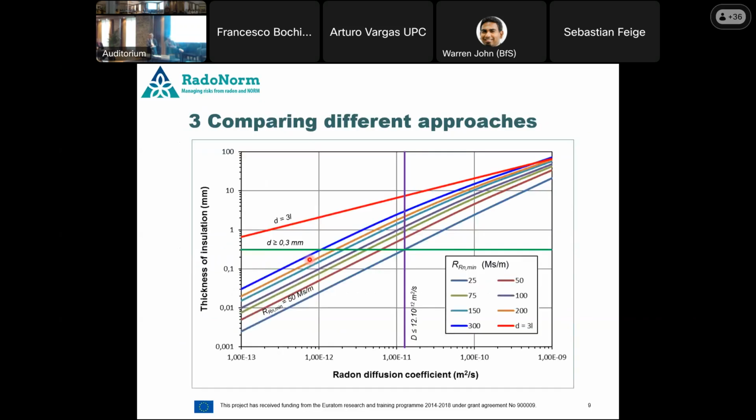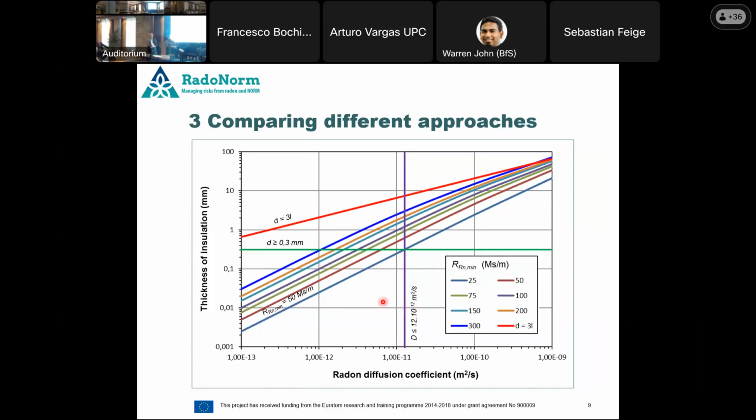So in this diagram, we can compare all these approaches. Here, this vertical line expresses the approach that sets the maximum value of the radon diffusion coefficient.